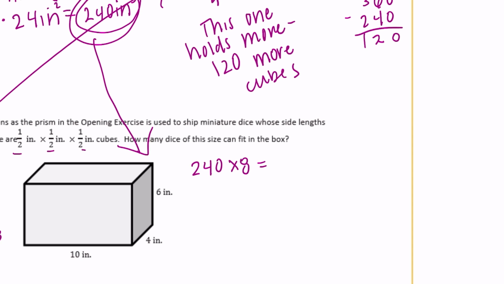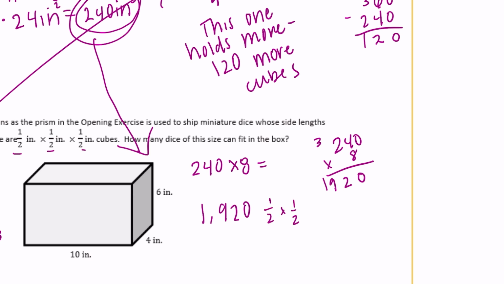Let's do 240 times 8. We get 1,920 ½ inch by ½ inch by ½ inch cubes would fit inside this box or rectangular prism.